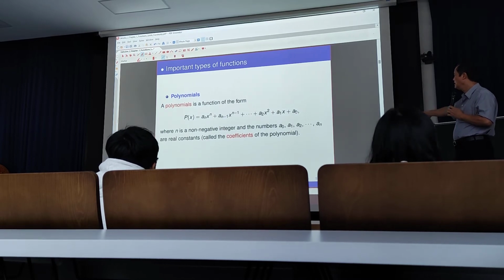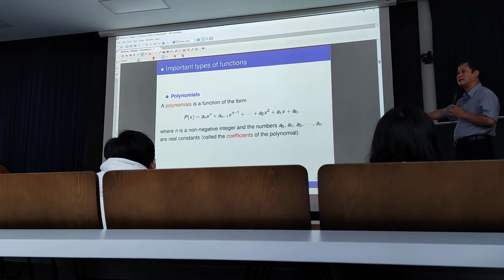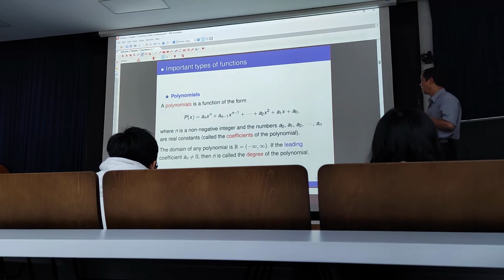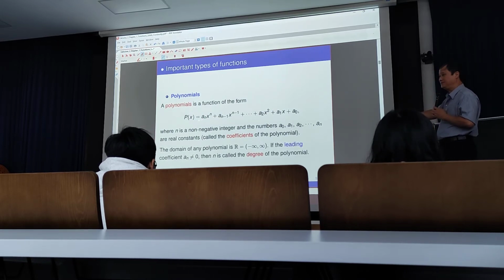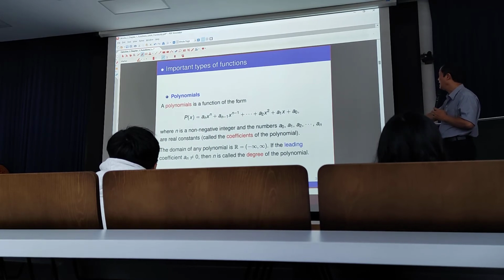All A are called coefficient and they are real number. Right? For this polynomial, if an with the highest power n is different from 0, then we call n the degree of polynomial, and that one is called leading coefficient.